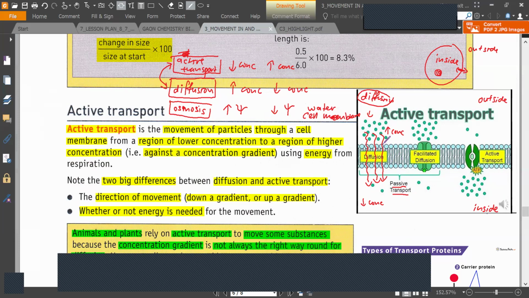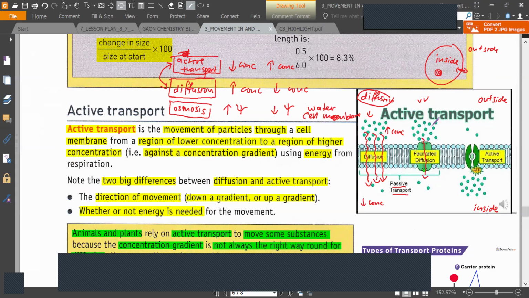Sometimes it depends on what substance. Some substances can get past the cell membrane directly. Then we have another type, which is facilitated diffusion. Some substances cannot get past the cell membrane directly, so we have a channel protein that helps the substance pass through.